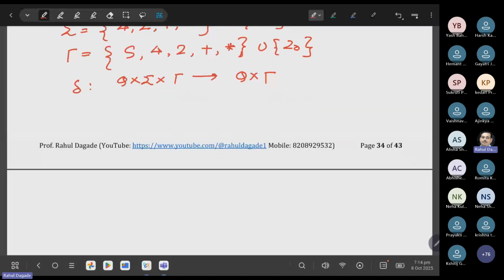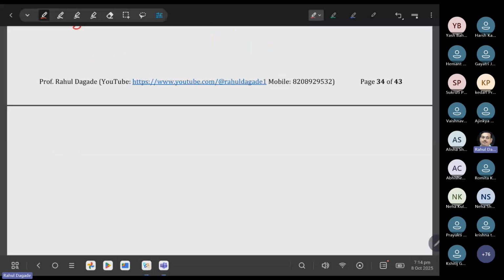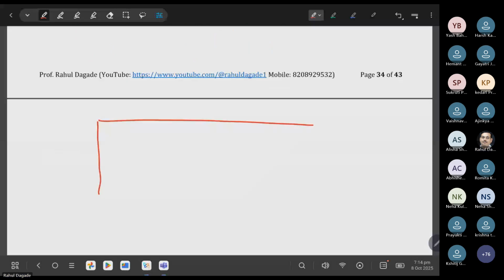You can write it with the help of transition function delta like this. So we have the grammar production, and here the transition function.